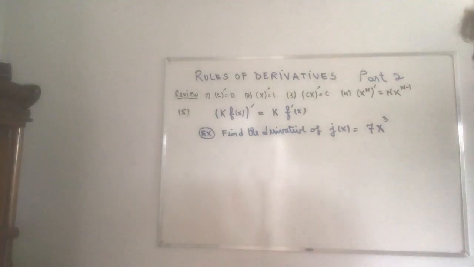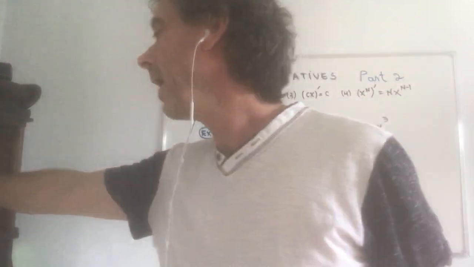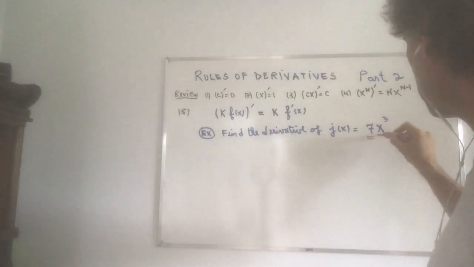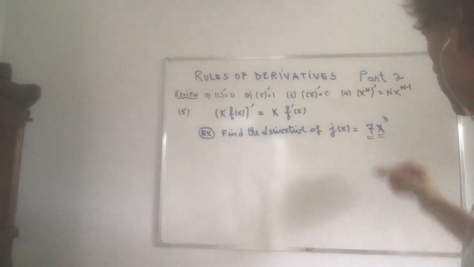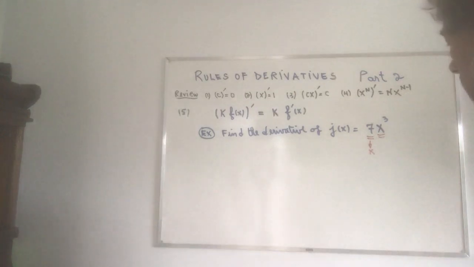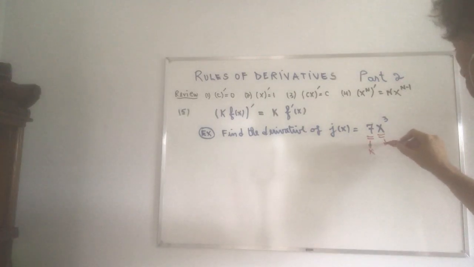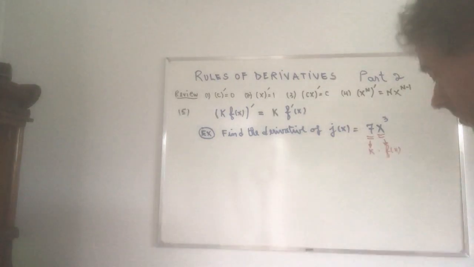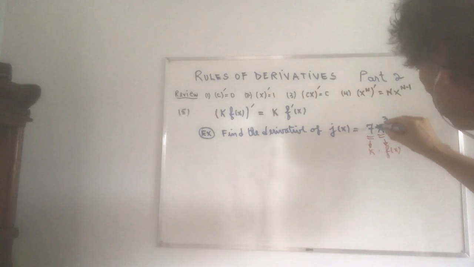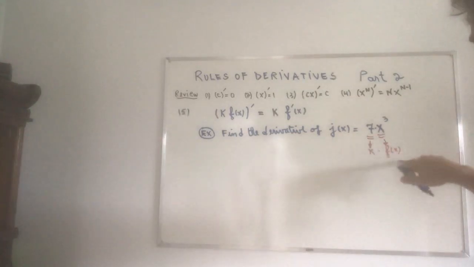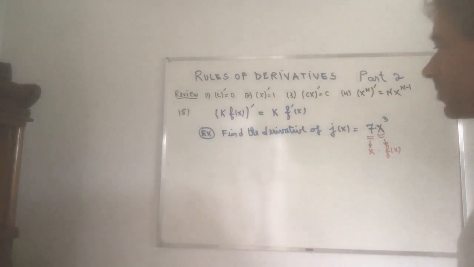Okay? So you will notice here that I have a constant that multiplies a function. This is my k. This is my f of x, right? So I'm really multiplying a constant and the function. The constant is 7 and the function is x^3.